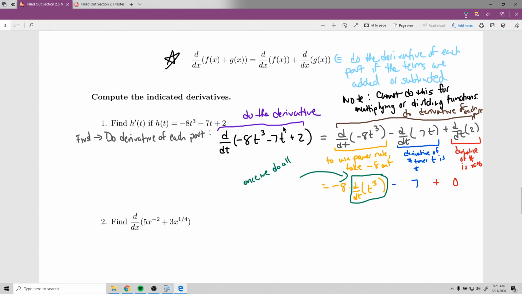All right, so I know we started with 1 and then it seems like we kind of made it longer, breaking it down into 3, but that's the proper way to do it. Once we do all derivatives, we are done. And this one is finally set up in the way where we can just use the power rule because it's just the letter variable t raised to a power.